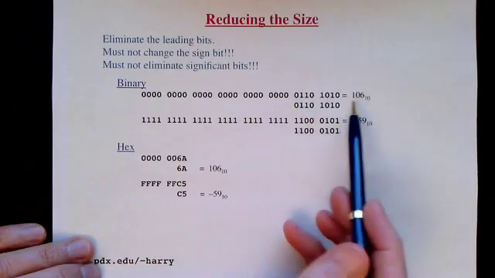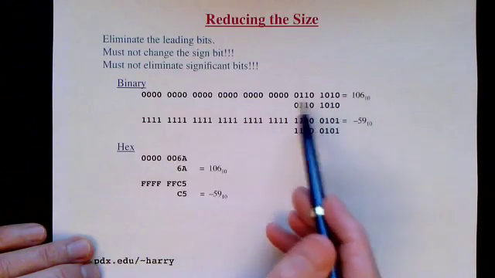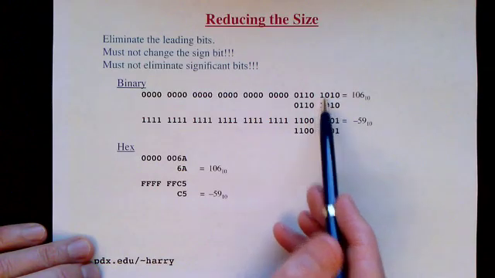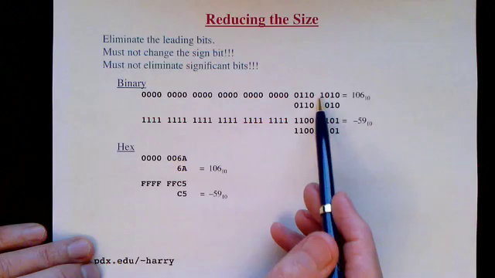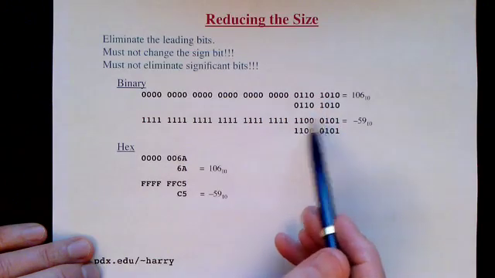In decimal, this number is 106, and 106 can be represented as a signed number in 1 byte. So we're okay. We haven't changed the value, and this number is small enough that it can be squeezed into a byte. Here we have a negative number.